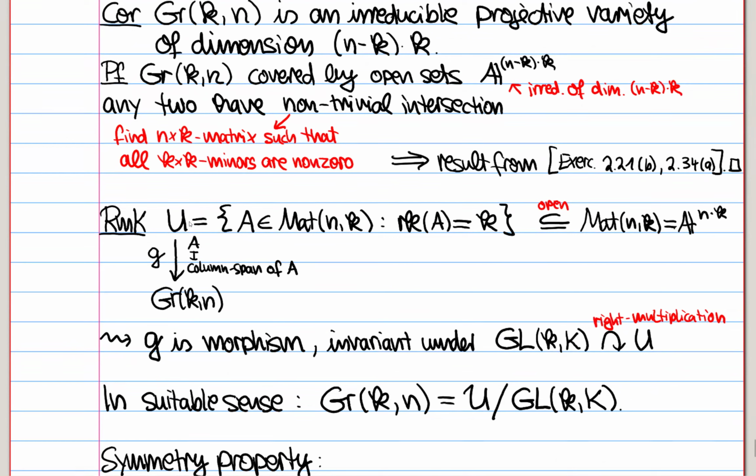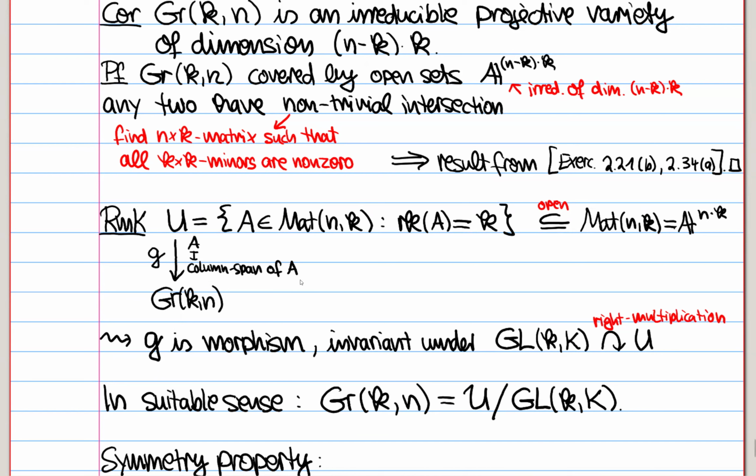So this has the structure of a variety. And there's a map from here to the Grassmannian which sends A to the column span of A. And you can check, because this sits inside this big projective space, that G is actually a morphism.